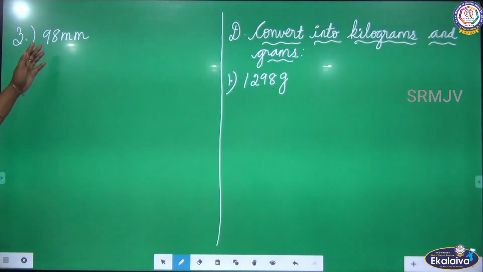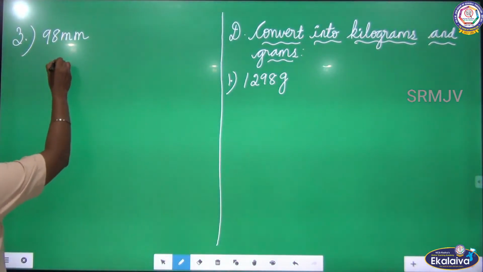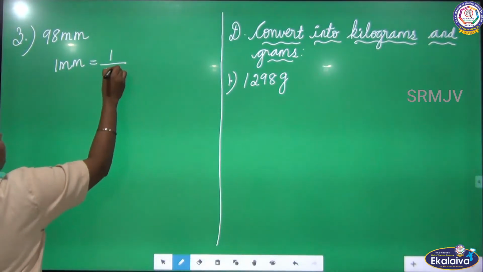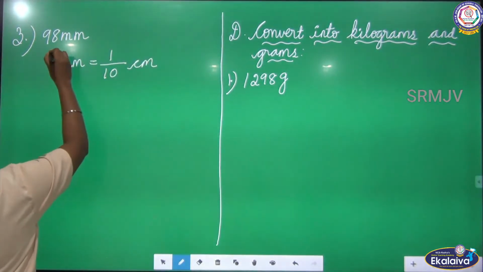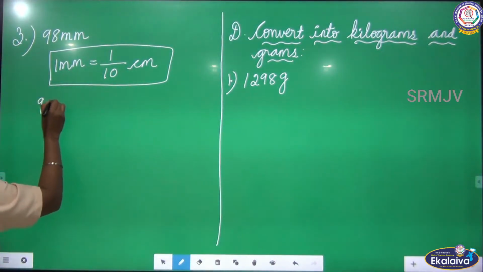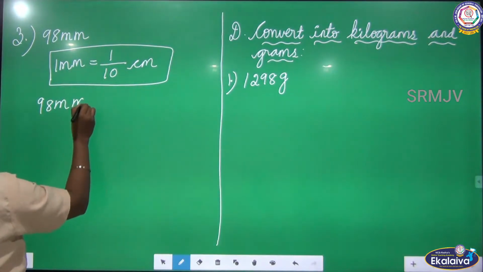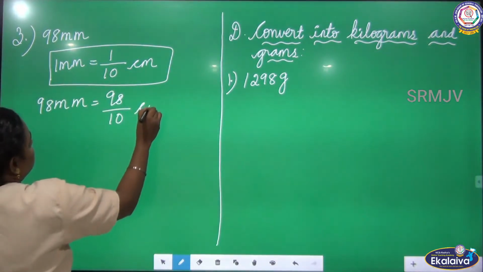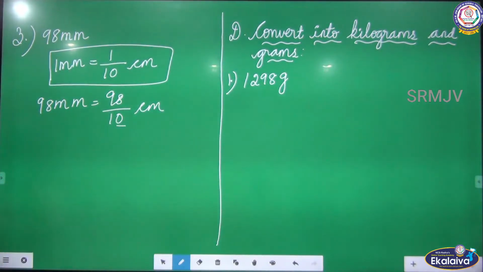Next one, 98 millimeter. Same. 1 millimeter equal to how many centimeter? 1 by 10 centimeter. So 98 millimeter equal to 98 by 10 centimeter. So how many zeros in the denominator, children? Only 1 zero.